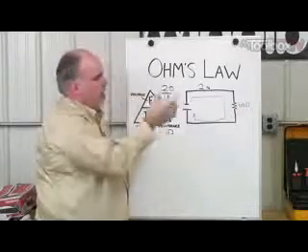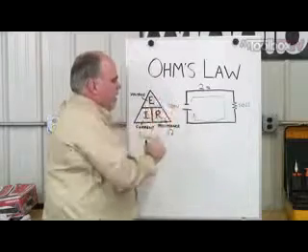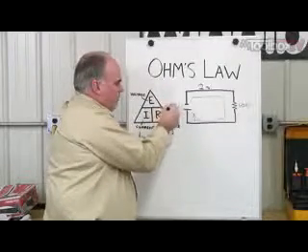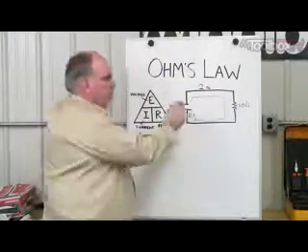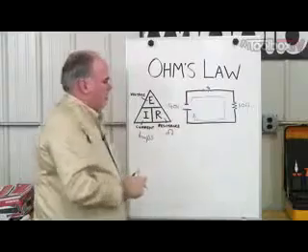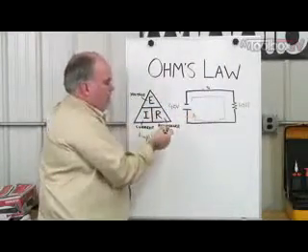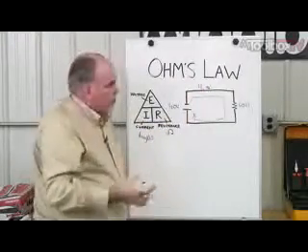Now, let's change one of the fundamental quantities. Let's say that we increase the voltage to, say, 40 volts. We leave resistance the same. What happens to current? Well, now at 40 volts divided by 10 ohms, now we're looking at 4 amps instead of the 2.